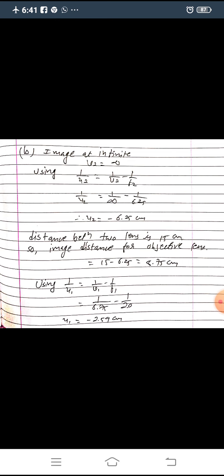In the case of infinity, the magnification formula for the microscope is the same, MO into ME, but ME is D upon F2. Magnification MO is V by U1, times D upon F2. Therefore the magnification is 13.51.